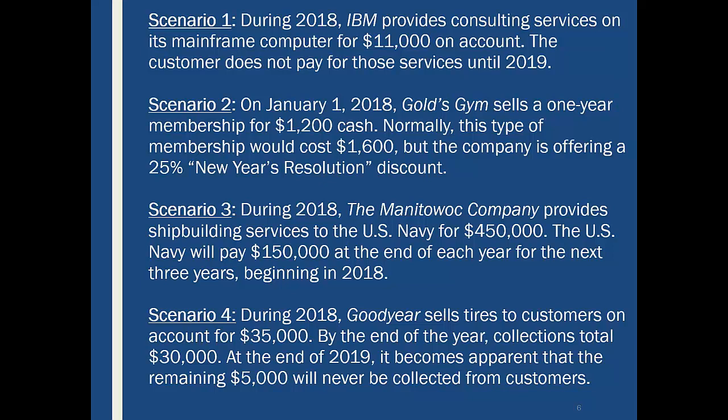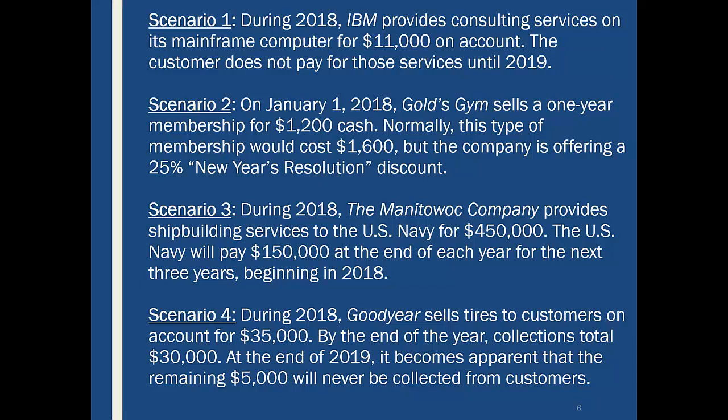Well, now we're going to have a Gold's Gym membership, and let's say somebody comes in on January 1st and says, I'm going to get in shape, and here's $1,200, and that's for the entire year. Then how does Gold's Gym recognize that revenue? Well, on January 1st, when the customer hasn't even worked out yet, there's actually 0 revenue that they have earned, and they will only earn that revenue after the month of January has passed.